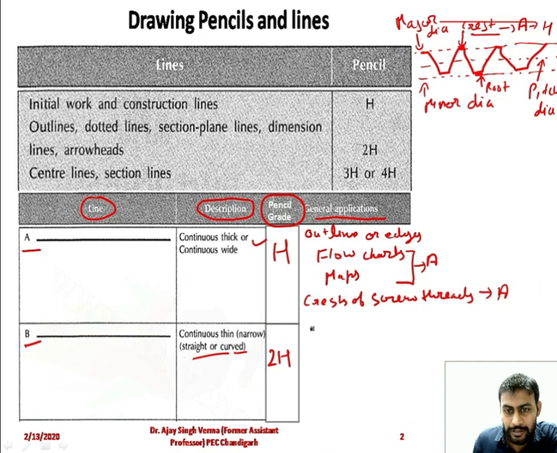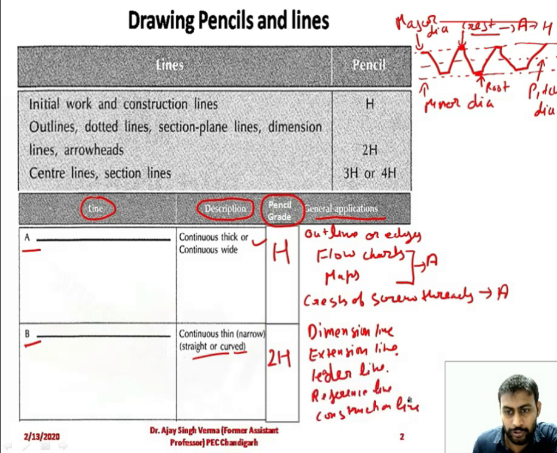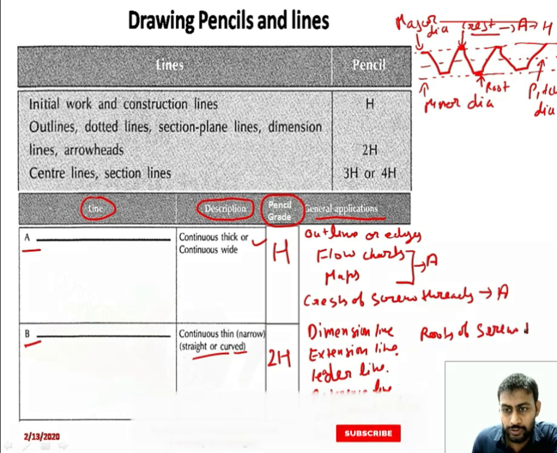Its applications are dimension lines, extension lines, leader lines, reference lines, and construction lines correlated to geometry, like angles and triangles. Next are hatching lines, and next are the roots of screw threads that we already elaborated.